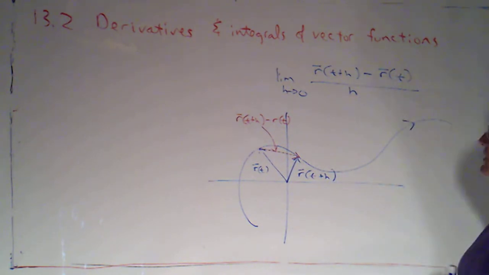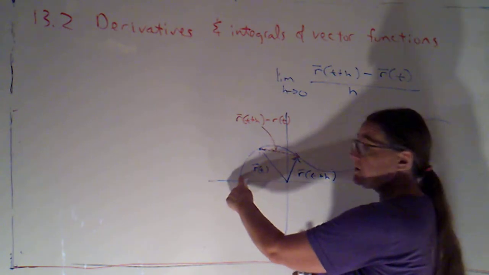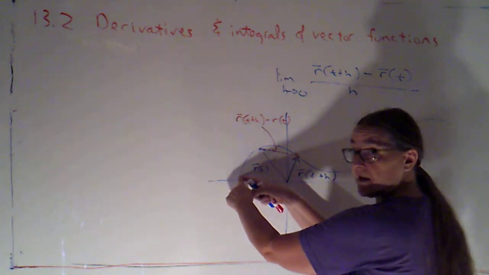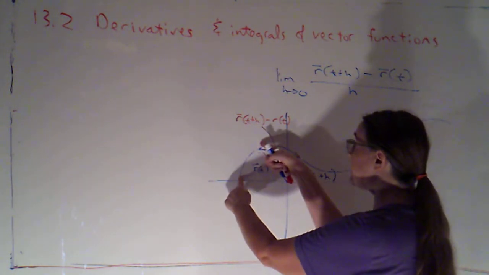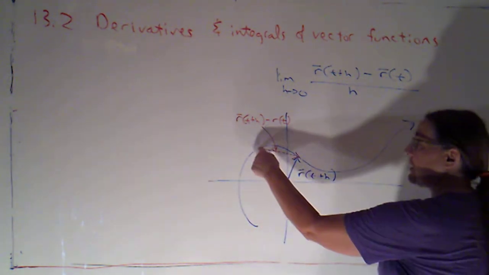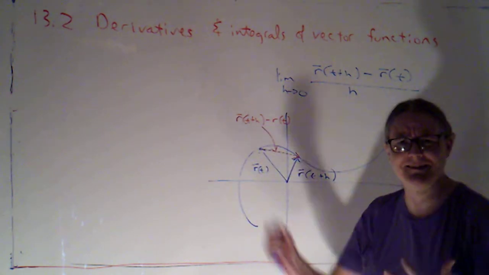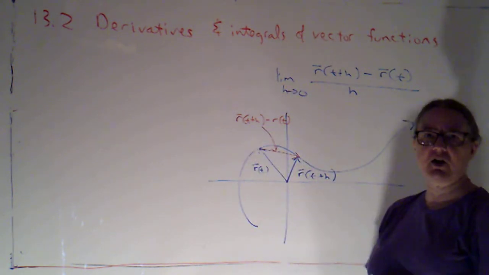Notice if h was negative, r of t plus h would have been over here somewhere. It would have been a point on the curve that we'd hit before we hit r of t. Then r of t plus h minus r of t would have been pointing, it would look like backwards, against the orientation of the curve.